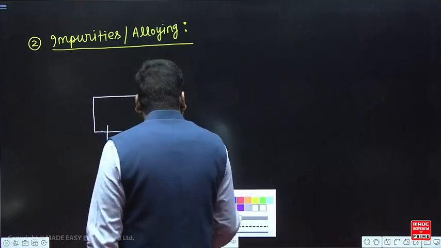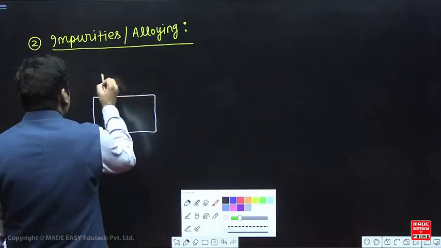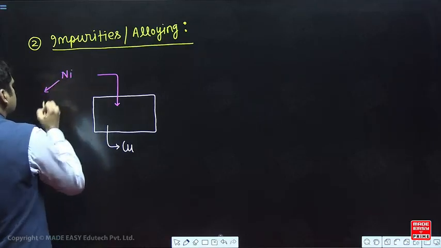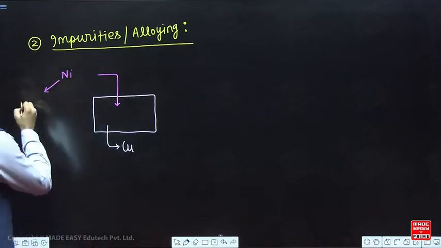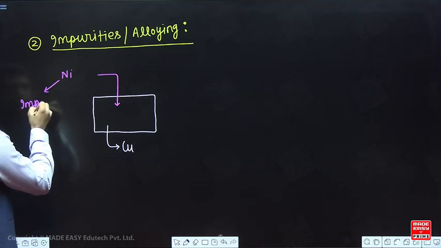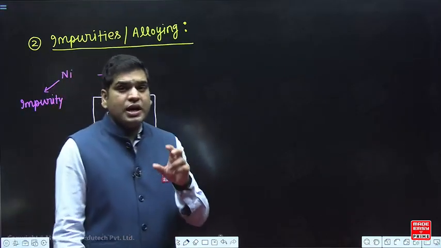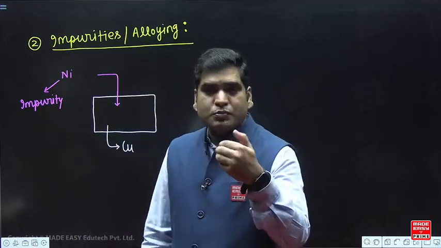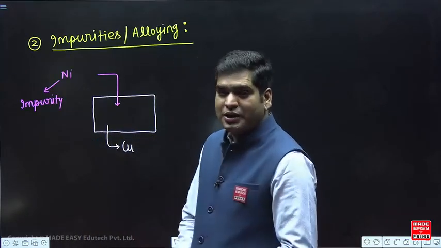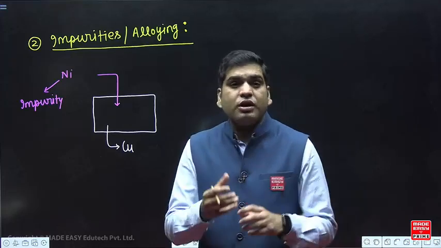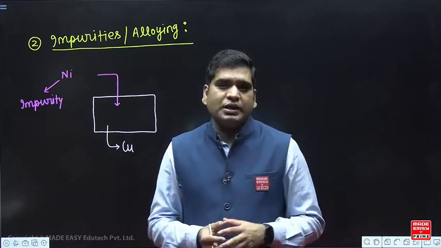Now suppose we want to make an alloy and we are adding nickel into the copper. So this nickel will function like an impurity. Let us suppose 2% nickel we are adding. So wherever there is nickel in the material, that nickel will try to scatter the electron.